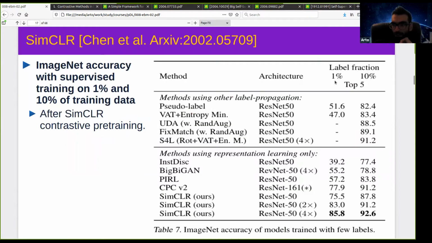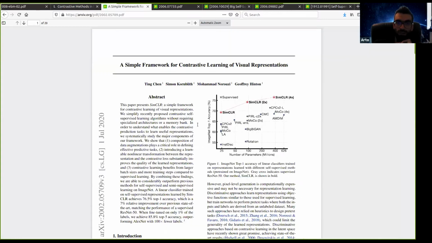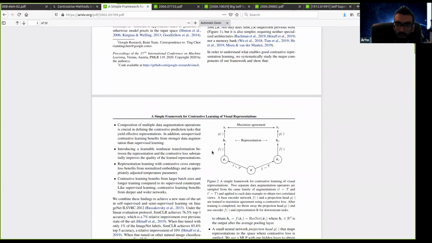And here you can see top 5 accuracy for this SimCLR model trained on 1 and 10% of the labeled data, and the scores are pretty good. And same for top 1 scores. So we can have a brief look at the takeaways from this SimCLR paper.